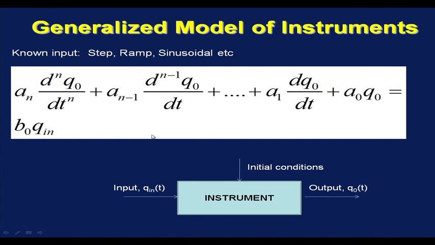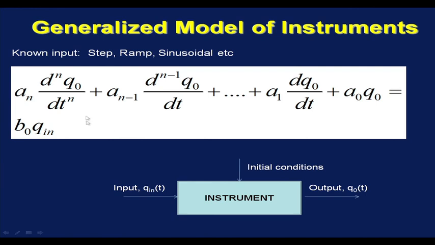Now, it is not really necessary to represent the input as an mth order ODE. We can express the unknown output as an nth order ODE, and we will know the functional form of the input, because it may be a step input, it may be a ramp input, it may be a sinusoidal input, it may be a combination of these inputs. So, we will consider a generalized model of an instrument which is as follows.